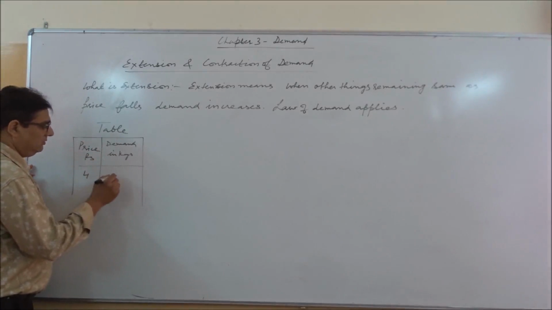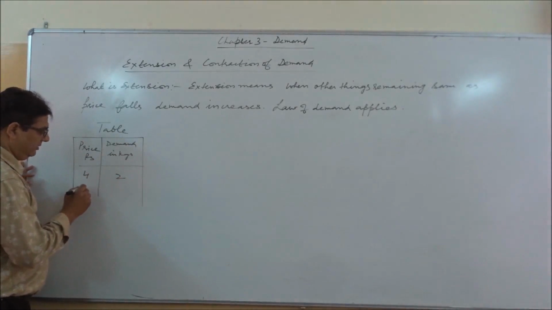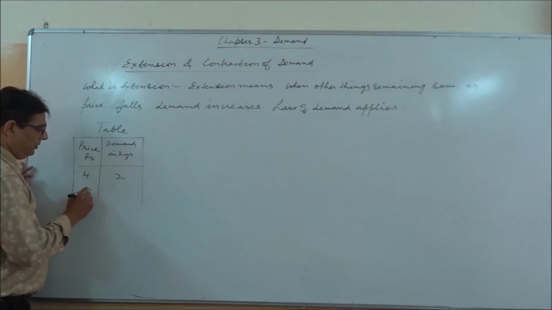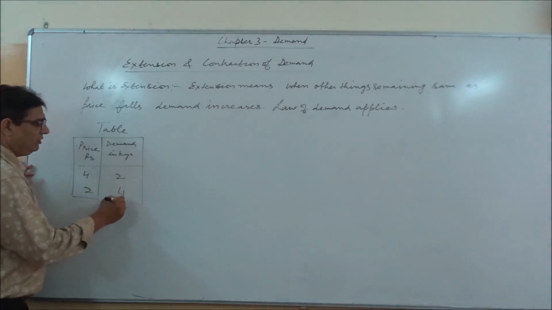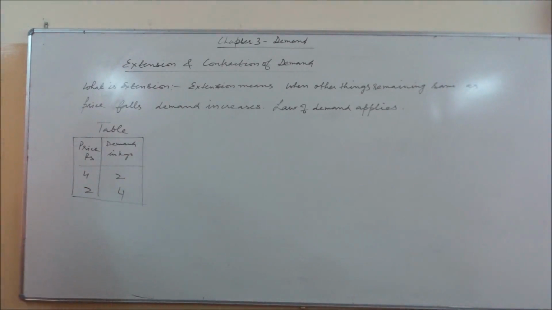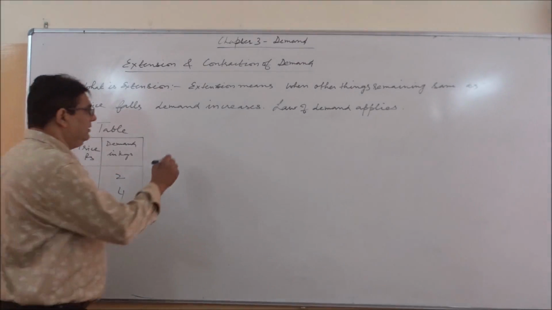Price 4, demand 2 kg. When price is rupees 2, demand is 4 kg. This is called extension. As price falls to rupees 2, demand increases from 2 kgs to 4 kg.